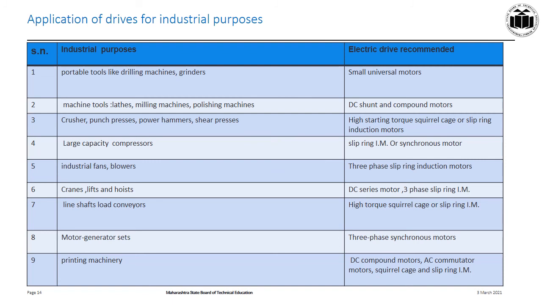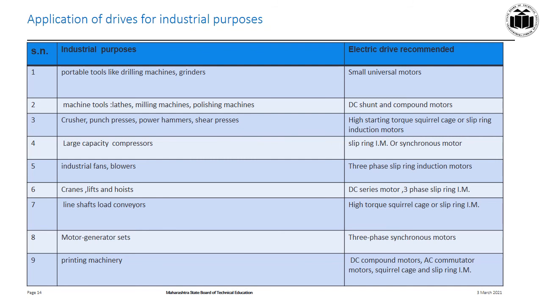On the other hand, the DC shunt and compound motors are recommended where torque of a constant nature is required, like in machine tools, lathes, milling machines, polishing machines, etc. Also, for the motor generator set, the synchronous motor is recommended.